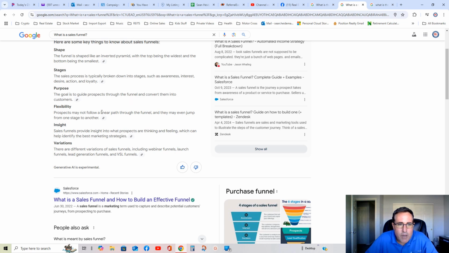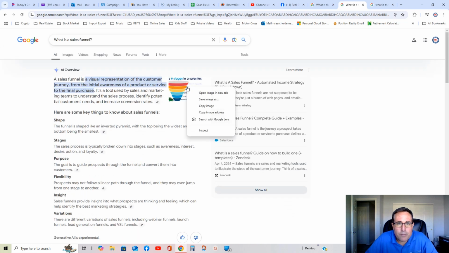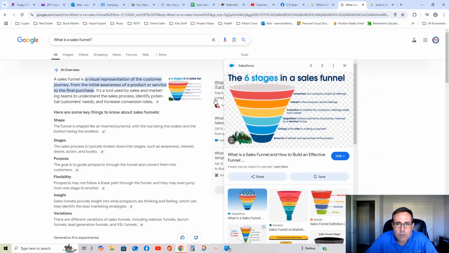Flexibility: the prospect may not follow a linear path through the funnel and they may even jump from one stage to another. Insight: sales funnels provide insight into what prospects are thinking and feeling, which helps identify the best marketing strategies and variations. There are different variations of the sales funnel, including webinar funnels, launch funnels, lead generation funnels, and VSL funnels.